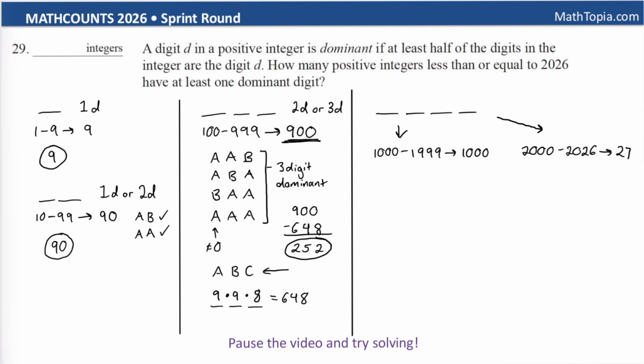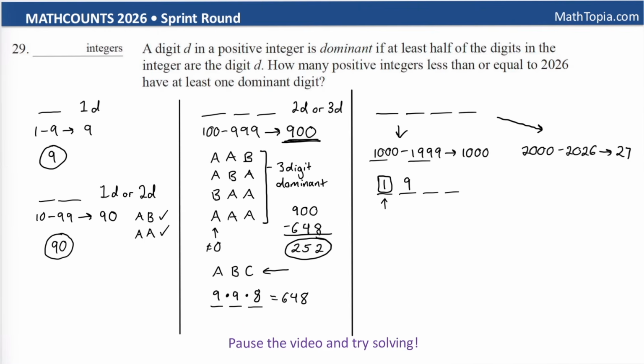Looking at our first case, we can use the same complementary counting that we used for our 3-digit numbers. So if we have our 4-digit number, we know that the first digit, the thousands place, has to be 1, since we're looking at the numbers 1,000 through 1,999. And then in order to make all of the following digits different, we have 9 total options for our hundreds place, because we can choose any of the 10 digits except 1.